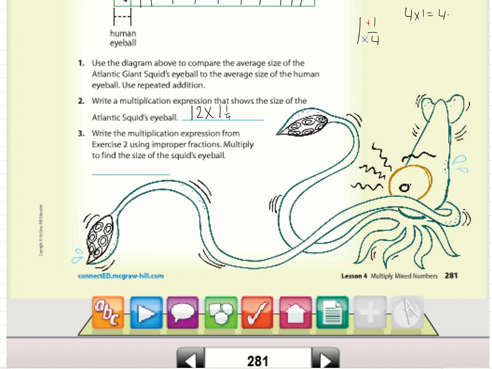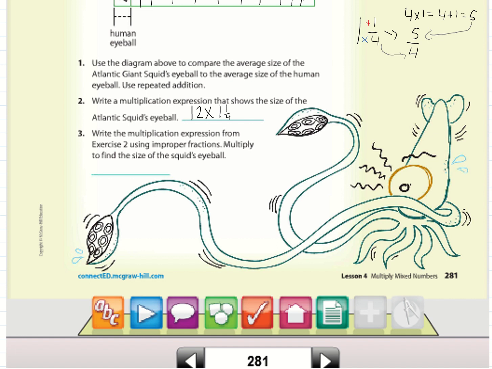And then we're going to add the numerator, plus 1 equals 5. And the denominator remains the same. So 1 1/4 is the same as 5/4. Denominator stayed the same. So the 5 goes there, denominator stays the same.